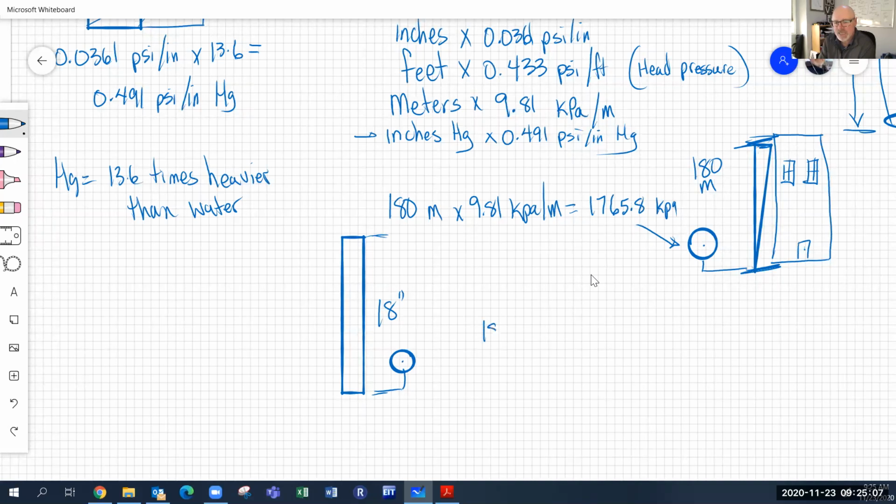I would simply take 18 inches and multiply it by 0.491 PSI per inch Hg. So this is mercury. And that would equal 8.838 PSI on this gauge.